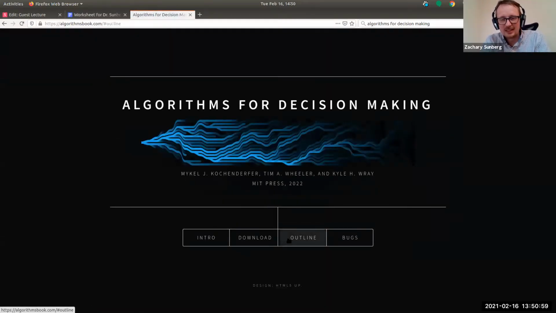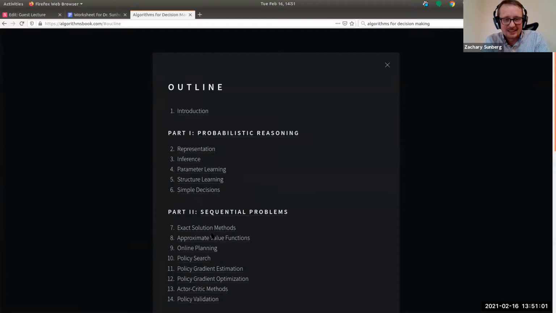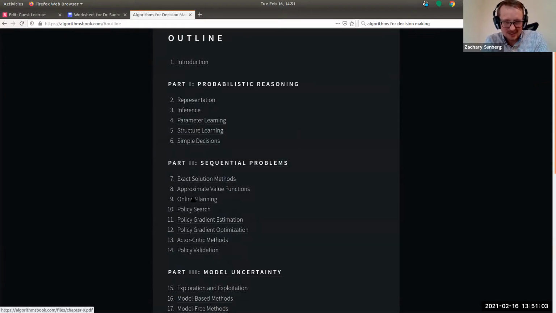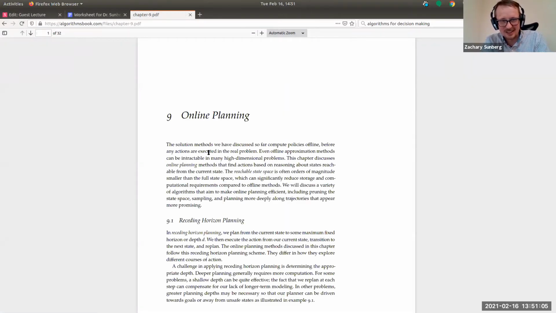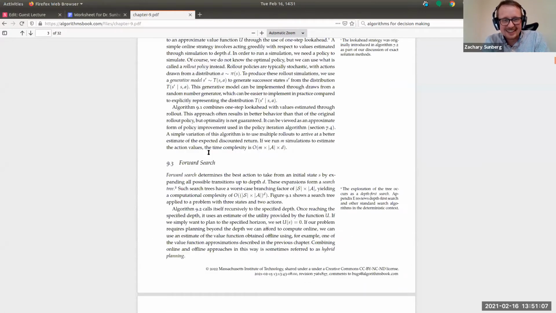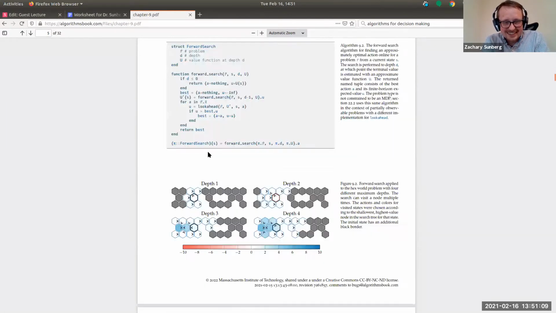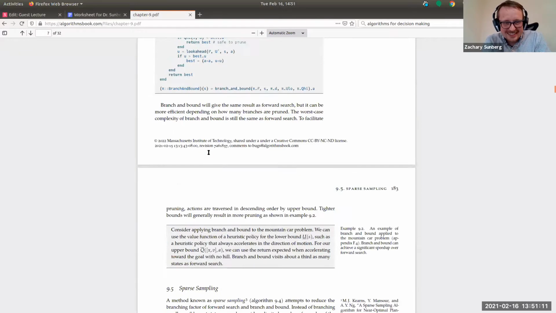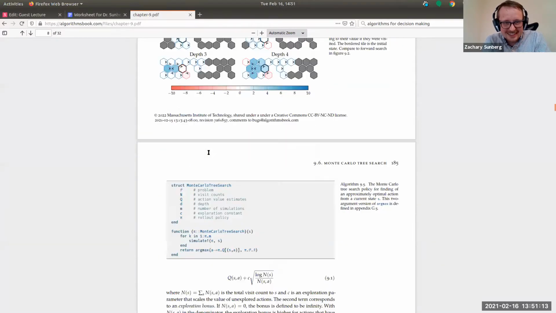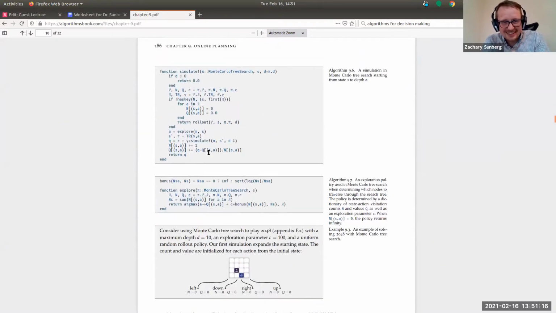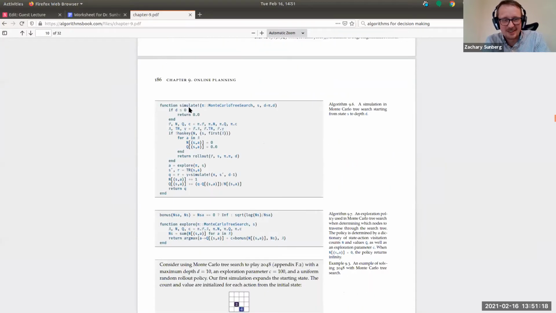algorithmsbook.com. You can just go there and look at the outline. If I wanted to do Monte Carlo tree search, I would just look in online planning. And let's see, where is it? Right here is the algorithm.